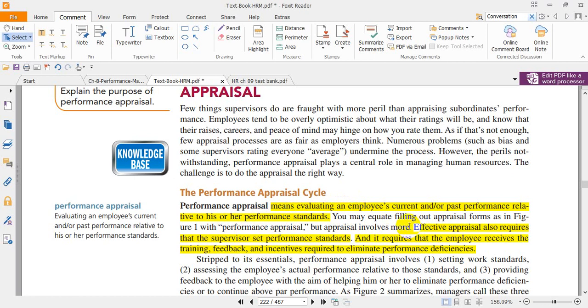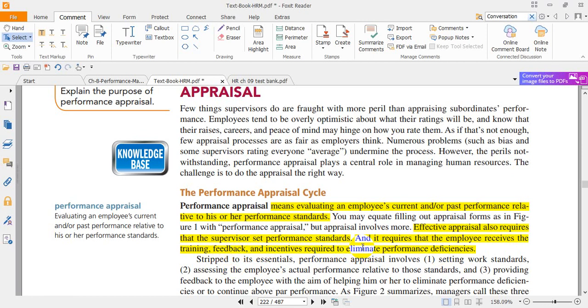Effective appraisal also requires that supervisors set performance standards, and it requires that the employee receive the training, the feedback, and incentives required to eliminate performance deficiencies. So, in this process, there is actual performance and there is a standard performance.